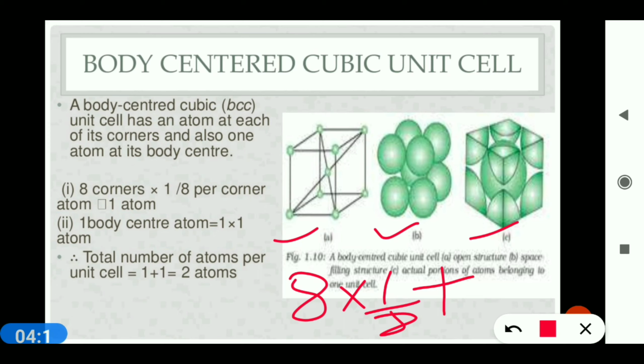You can see this center particle. It is touching all the constituent particles present at the corners. So its contribution will be 1 for all. So total contribution will be 8 into 1 by 8 plus 1. That is 2. Total number of atoms per unit cell will be 2.